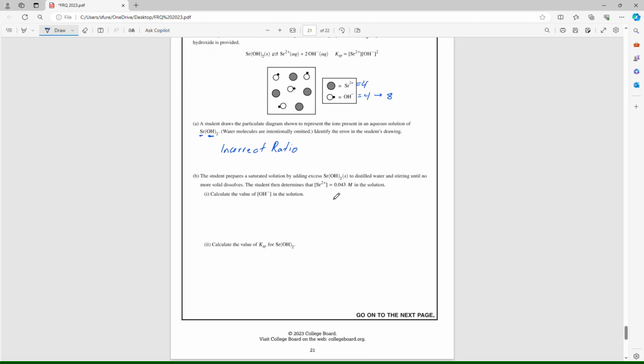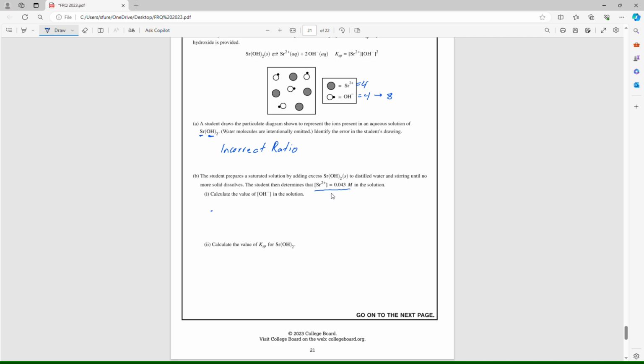All right, part B I. Calculate the value of OH minus in the solution. The student determines that Sr2 plus is 0.043. Oh, okay. So for every 1 Sr2 plus, there's 2 OH minus.